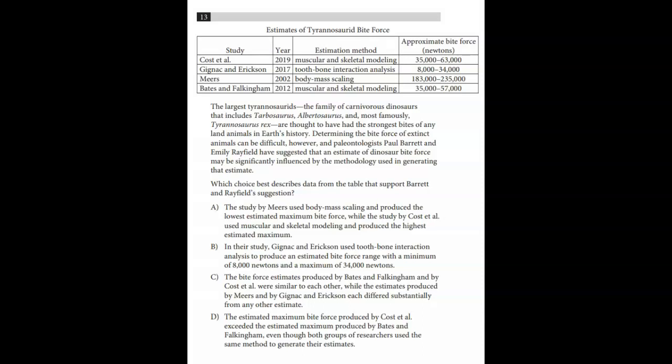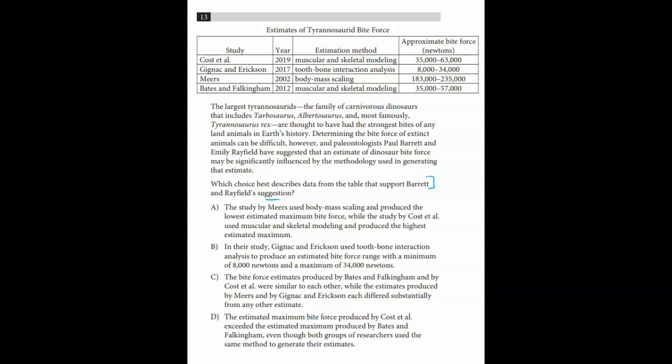All right, number 13. So we're looking at which choice best describes the data from the table to support their suggestion. Well, let's find their suggestion. The largest T family of carnivorous dinosaurs are thought to have the strongest bites for any land animal in Earth's history.